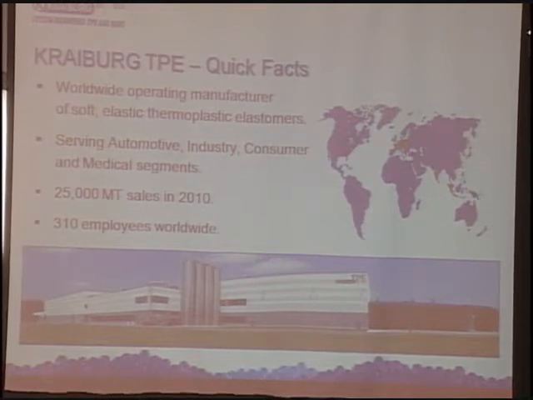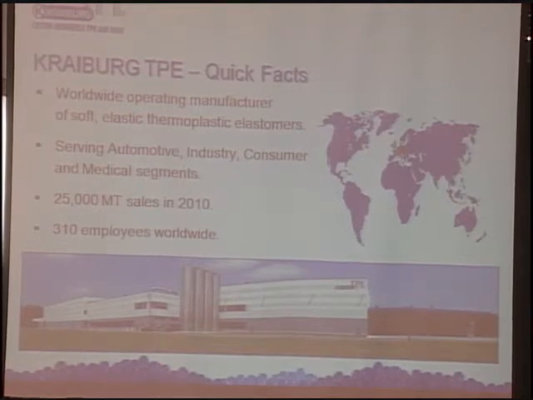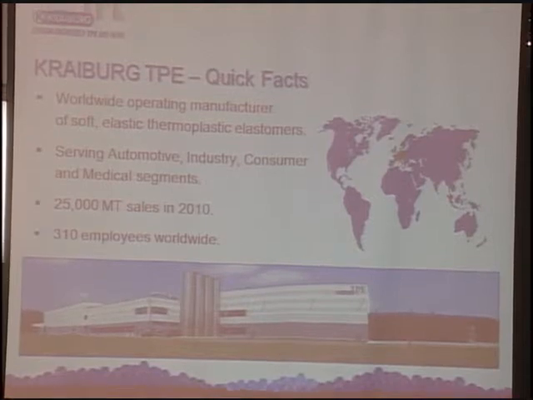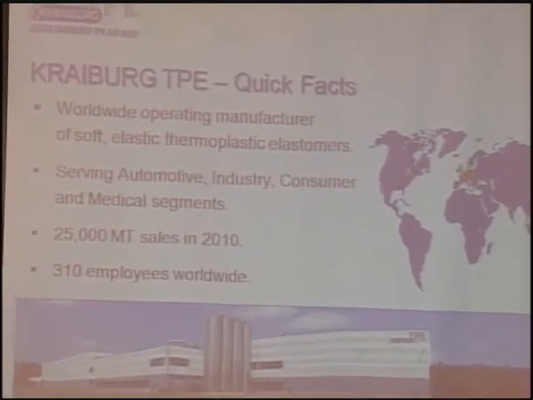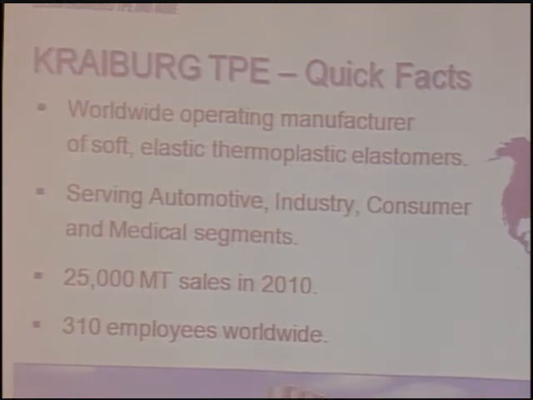Finally, a few words about KRAIBURG TPE. We are a worldwide manufacturer of soft elastic thermoplastic elastomers. Our technologies are based on styrenic block polymers and other polymer technologies, polymer alloys.